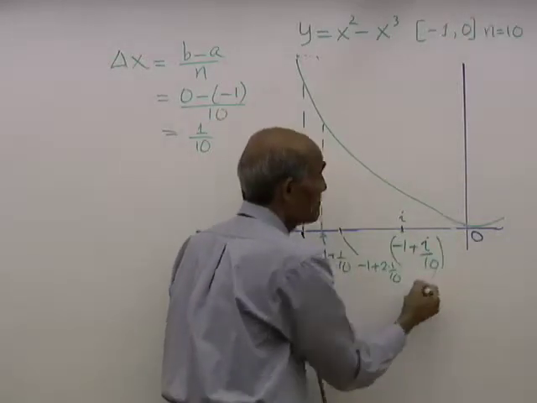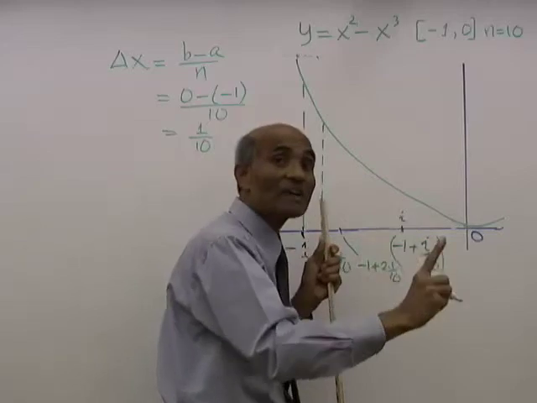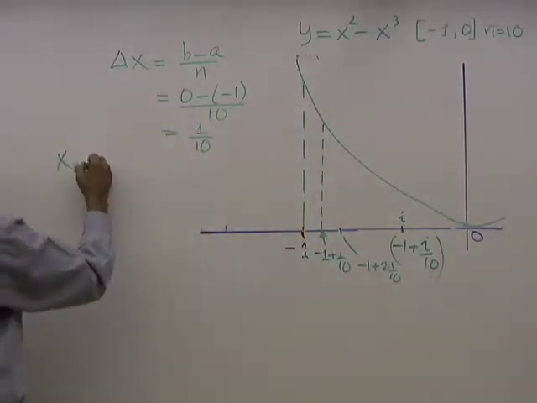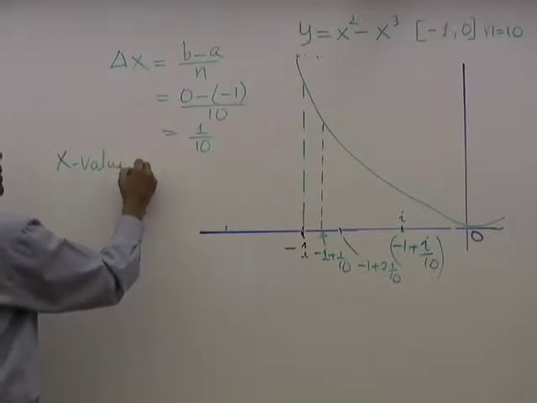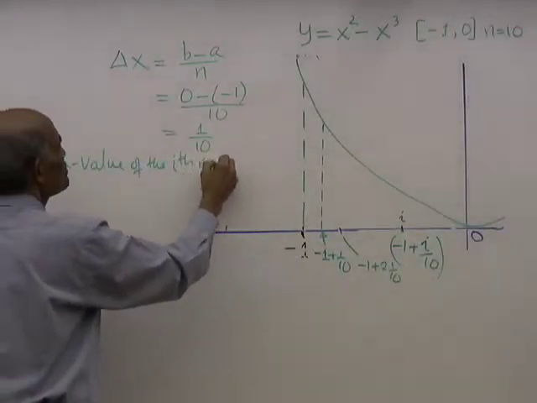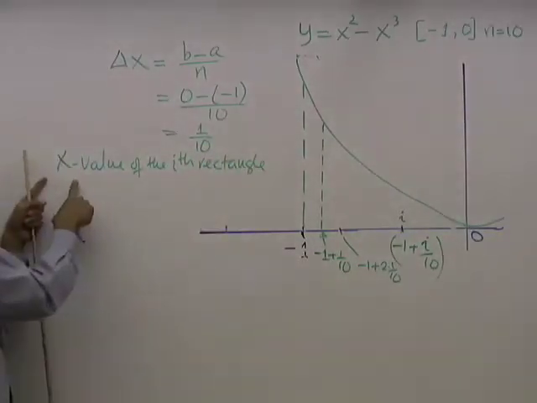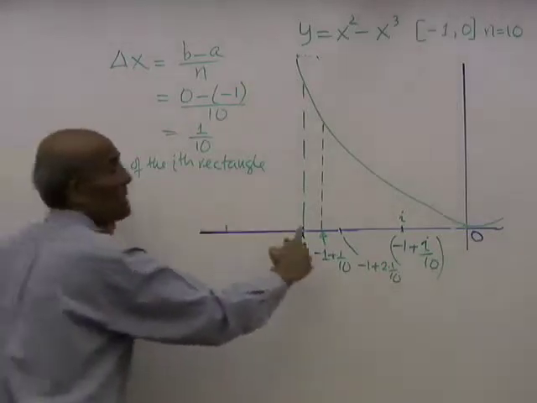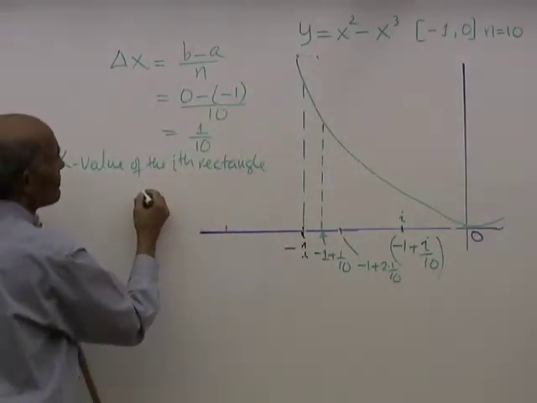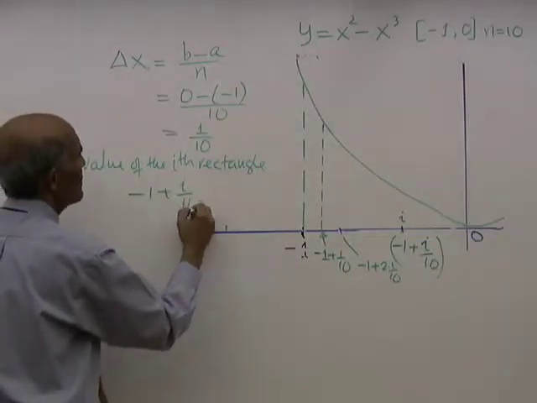This is the x value of the right side of the ith rectangle. So we say the x value of the ith rectangle, and I didn't specify that we are talking about the right side. The x value of the right rectangle will be -1 plus i over 10.